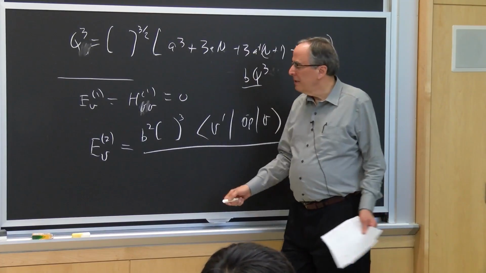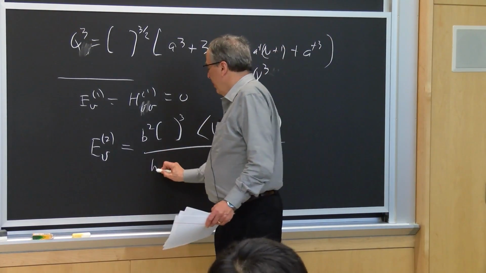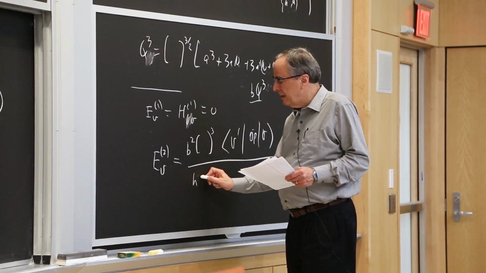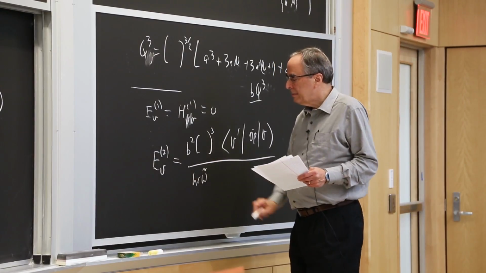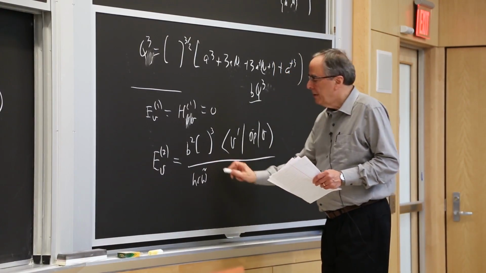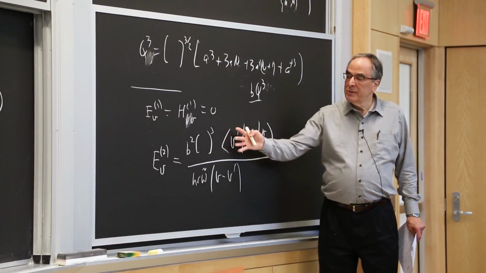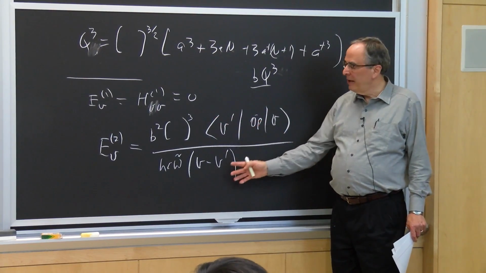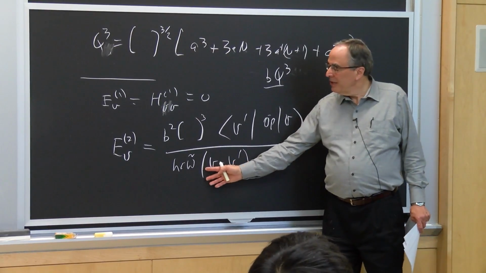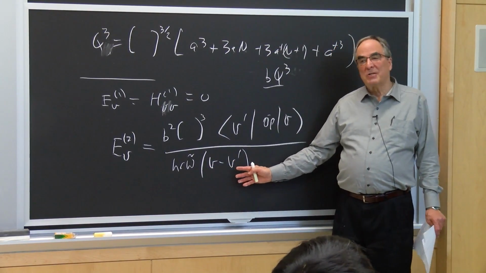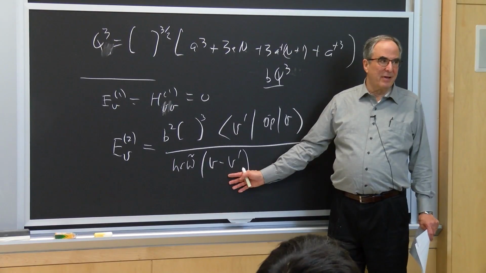Now there are a lot of symbols, but we want to simplify things as much as possible. hc omega times v minus v prime. So this is matrix element squared over an energy denominator. And what you really want to know is what is the quantum number dependence of everything.